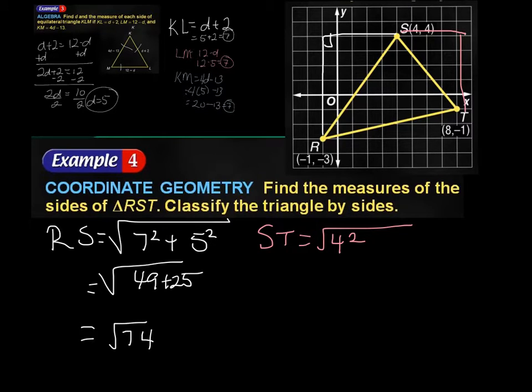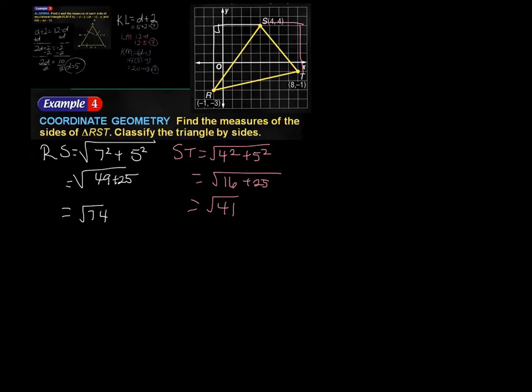And from 4 to -1 is 5. So a squared plus b squared still equals c squared. Lovely. I know this is definitely not equilateral.